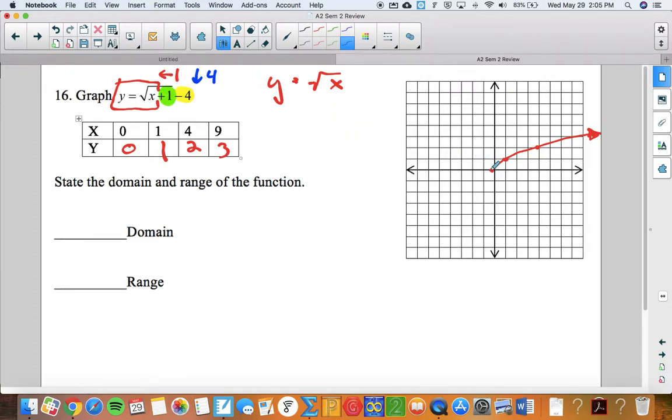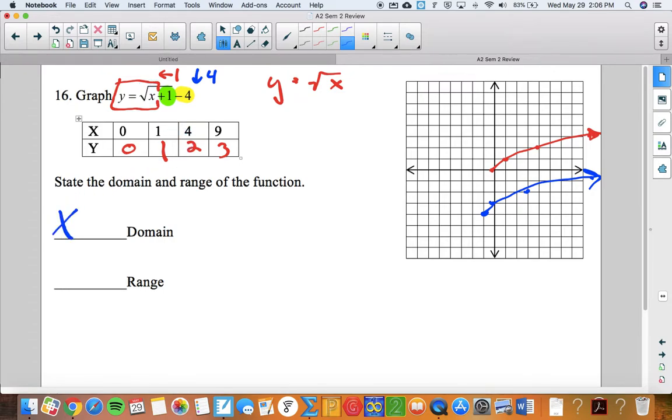So now I just take each point here that I've carefully graphed and I move left 1 and down 4, and left 1 and down 4, rinse and repeat. And so this is my new function. Now the x values are the domain.